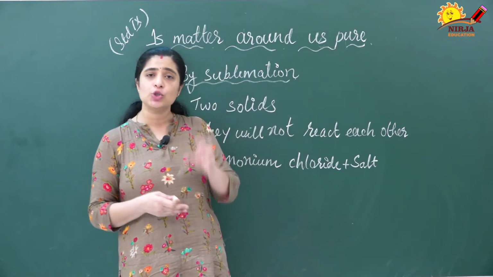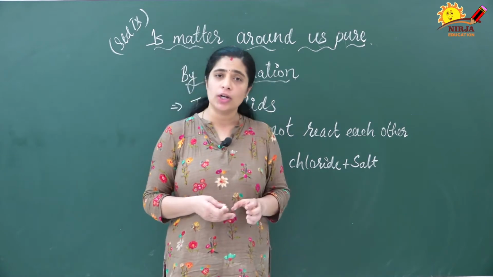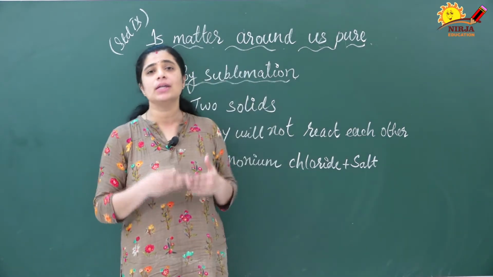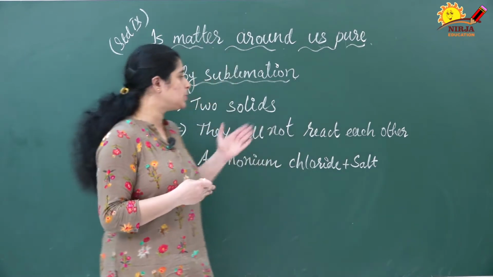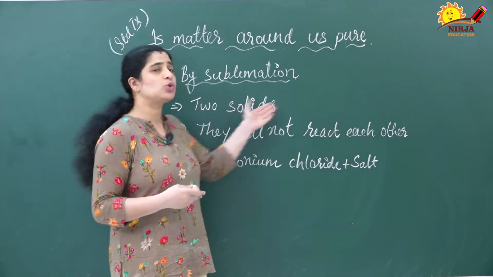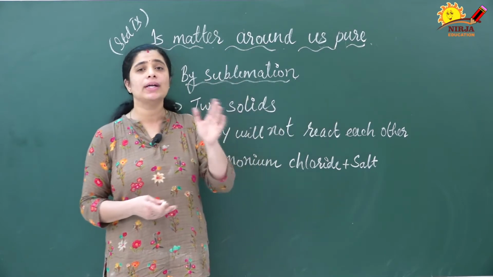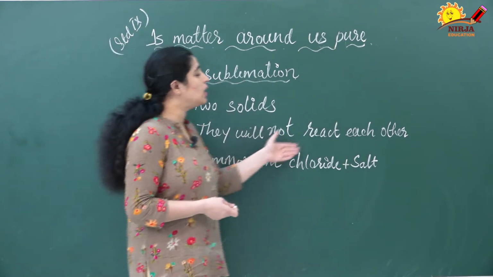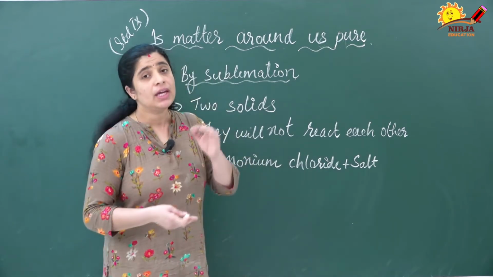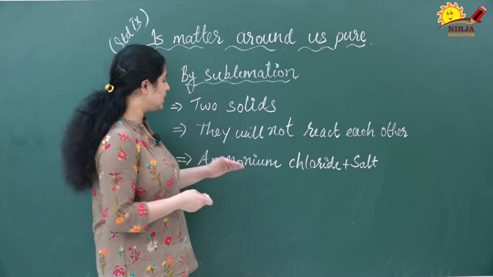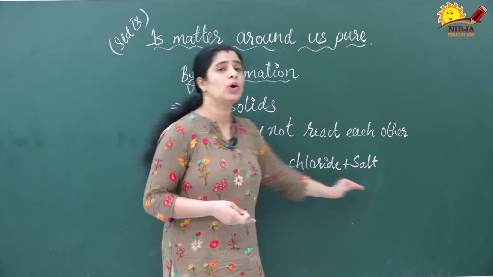Suppose you have a solid mixture, in which one is a sublimable volatile substance, then you can use this method. So we are taking two solids, but one condition is there that they will not react with each other. Here we are going to take one example, that is the mixture of ammonium chloride and salt.